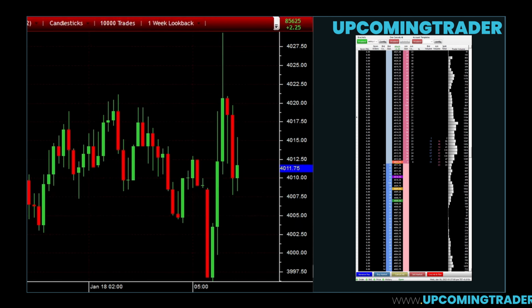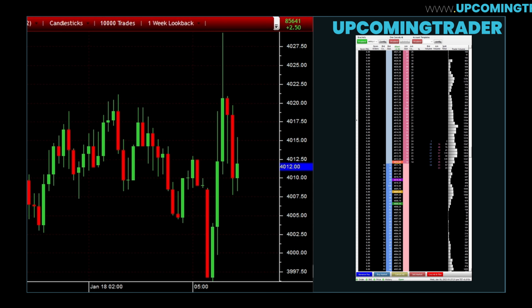Also, remember to pair this tool with other indicators like moving averages, RSI, or MACD to add more strength to your strategy. Using the fixed volume profile well takes practice, and it is okay if it feels a bit tricky at first. Keep working with it, and eventually you will be able to spot those key levels faster and make trades with greater confidence.